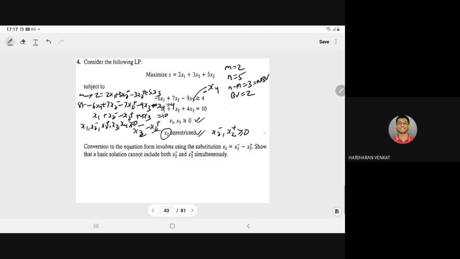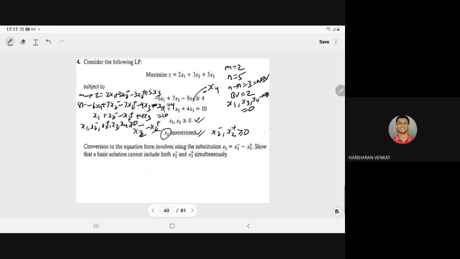For a moment assume x1, x3, x4 are the non-basic variables, so they are equal to 0.